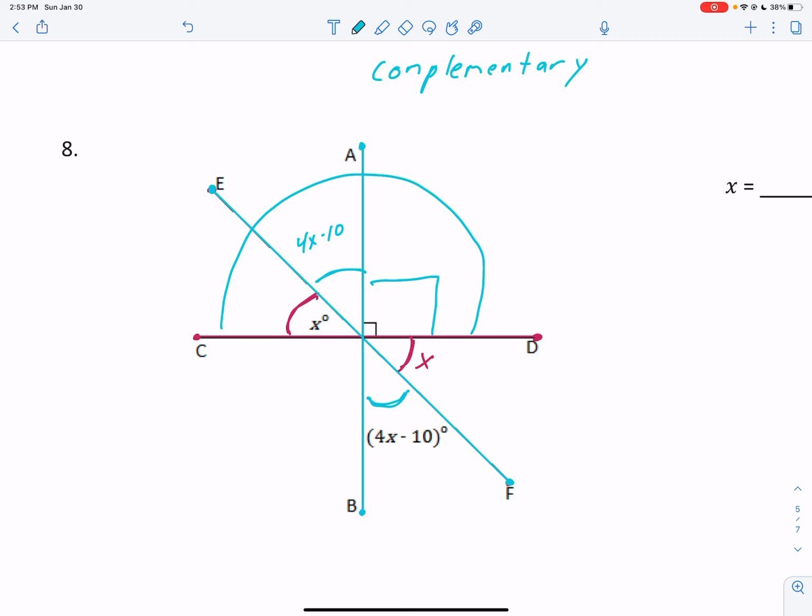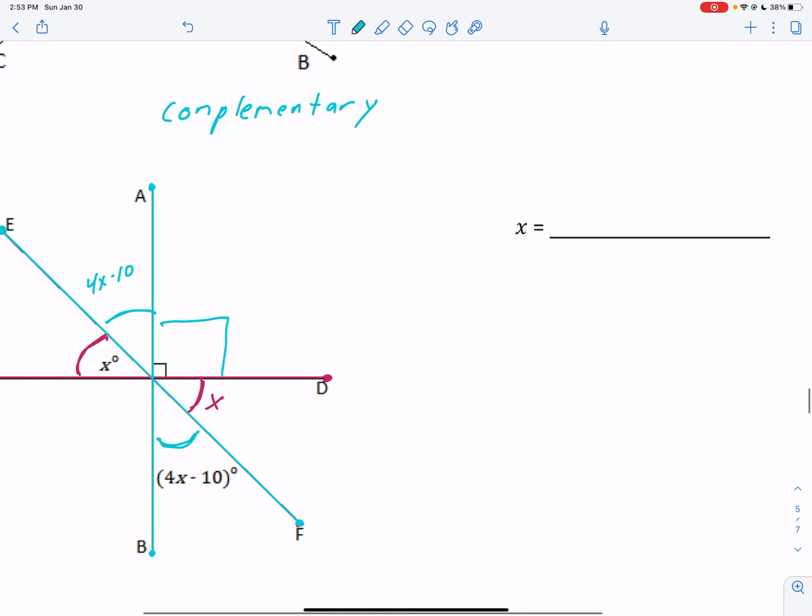So when you subtract 90 from 180, you get 90. Or you can realize that this right here is a complementary angle. The sum of these two angles must be 90 degrees.